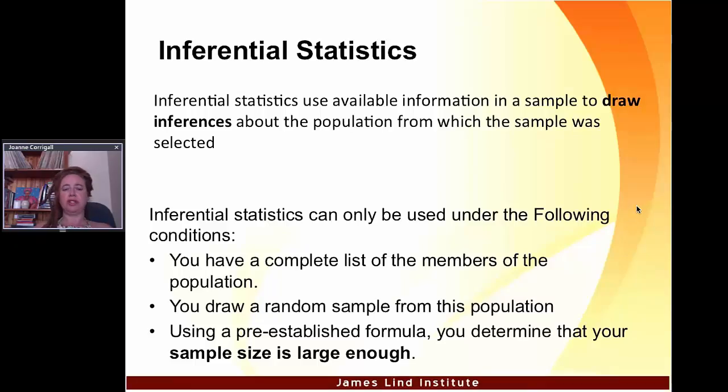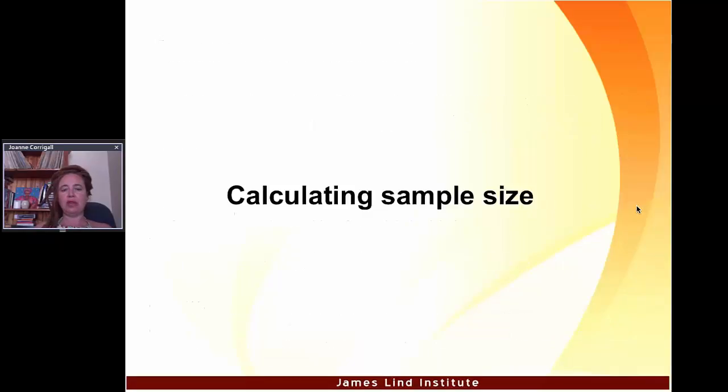So you can only use inferential statistics to draw conclusions about an entire population if you have a complete list of members of the population from which you draw a random sample, and then using a pre-established formula, which we're going to have a look at, you determine that actually your sample size is large enough for you to draw conclusions about that population. So let's begin then with looking at sample size, because this is one of the most important factors in having statistics that you can actually infer accurate conclusions from.